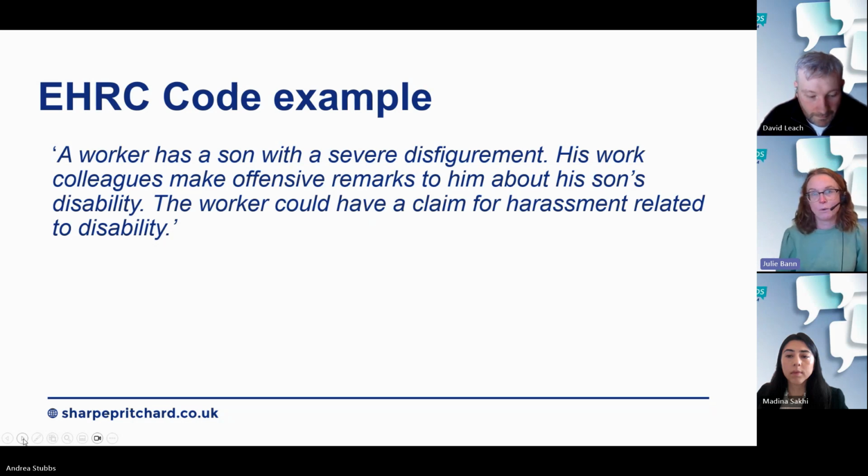I think what we often find in employment scenarios, and certainly with our clients, is less of the banter, the comments, and more actions which the individual considers harassing. It often comes out, for example, if somebody has to have a lot of sickness as a result of their disability, and the employer then takes them through a sickness management process.